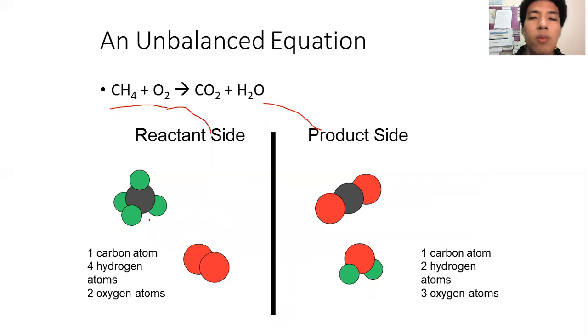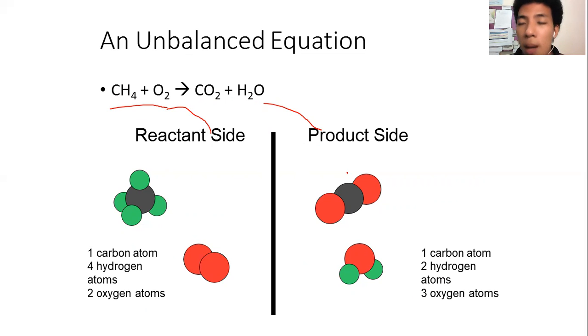If you're going to inspect, we have one carbon atom on the reactant side, four hydrogen, and two oxygen. For the product side, we have one carbon atom, and oxygen atoms: two for the carbon dioxide and one for the water.